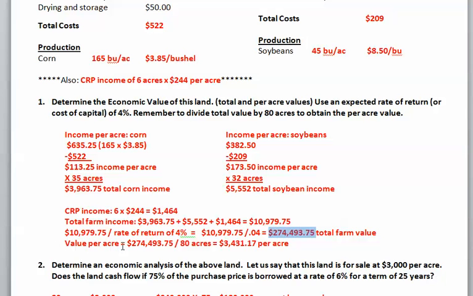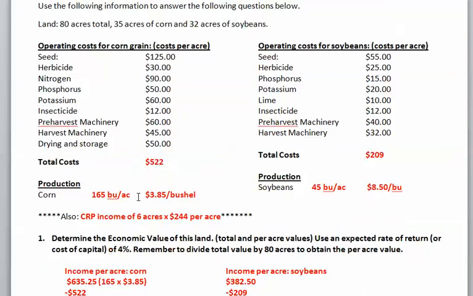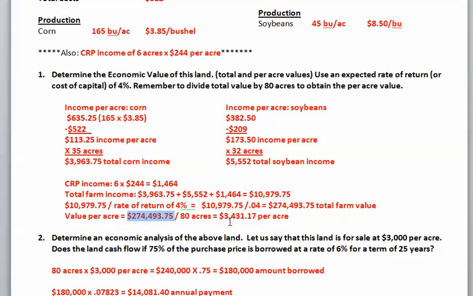We take that total value and divide it by the total number of acres, 80 acres, to get a value per acre of $3,431.17.